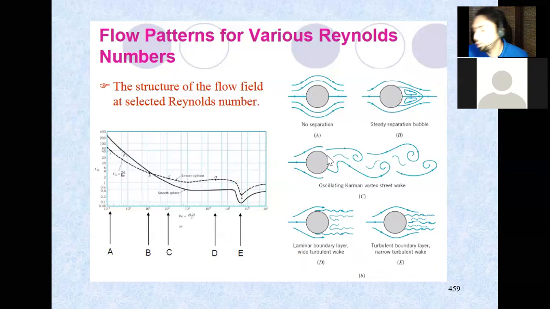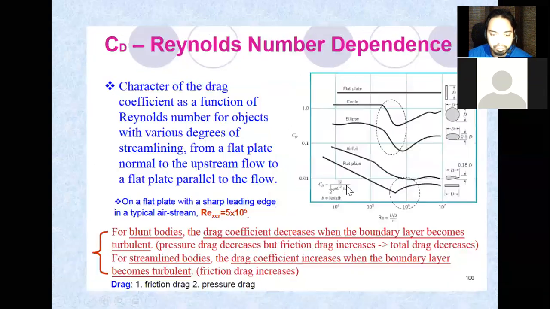So this phenomenon occurs for the flow around a cylinder and a sphere. They have a similar phenomenon. This gives you different shapes beyond the cylinder and sphere: the flat plate, circle, ellipse, and so on, and the airfoil over here.